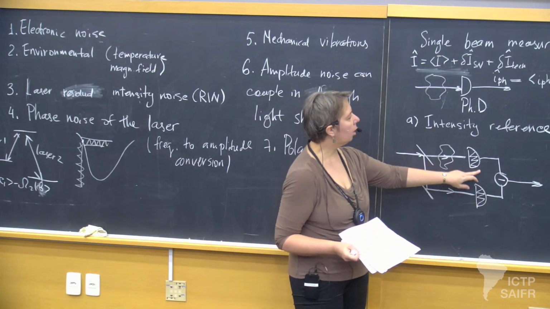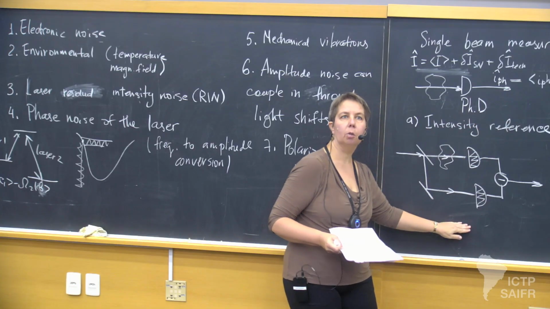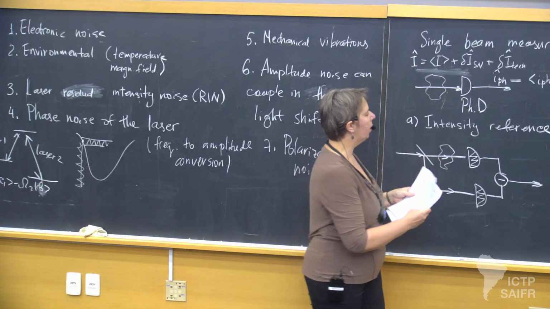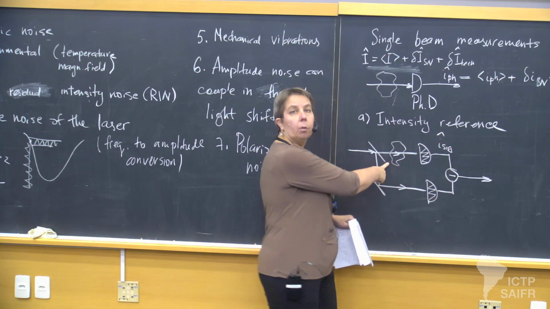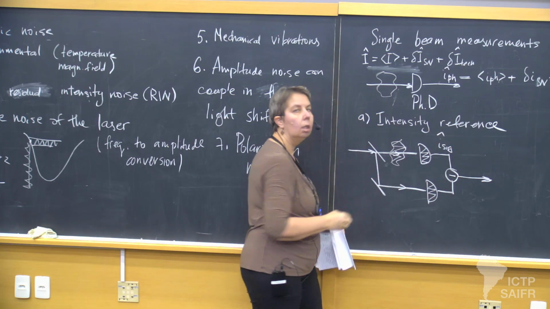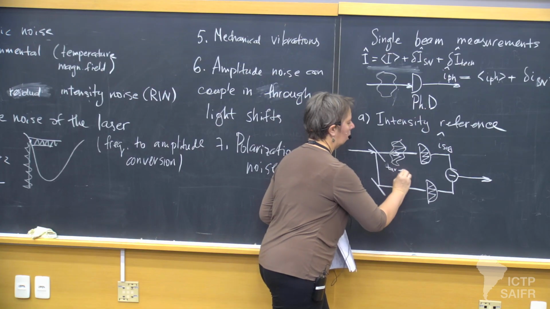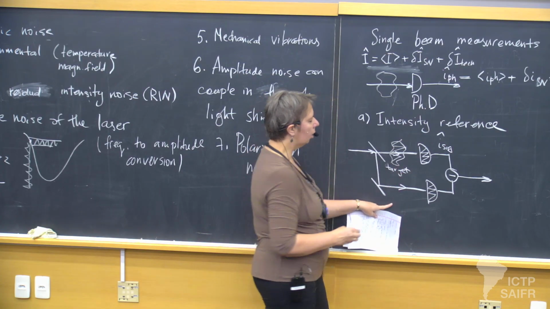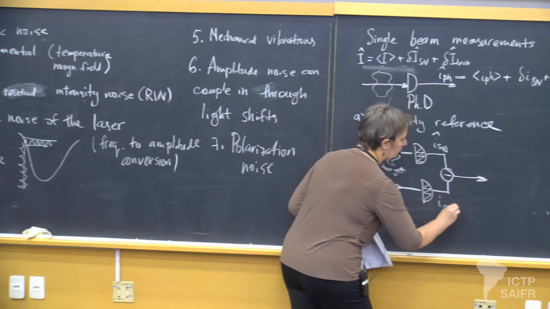Forgive me, I'm not going to repeat this for each of the photodiodes. You can see that this one will be our signal, because it will have the information about whatever target I want to measure. Since the second beam didn't travel through the target, it will be our reference.